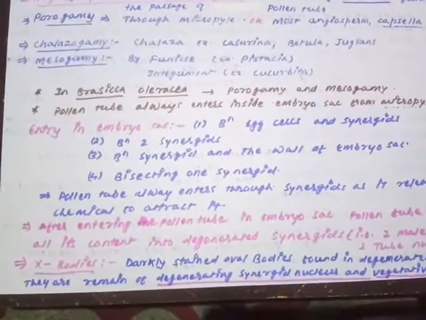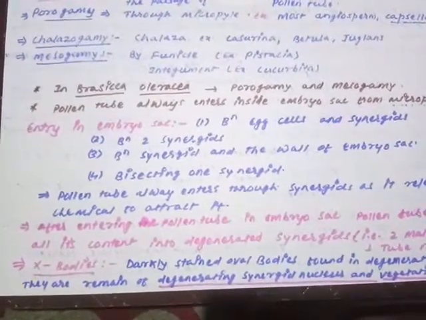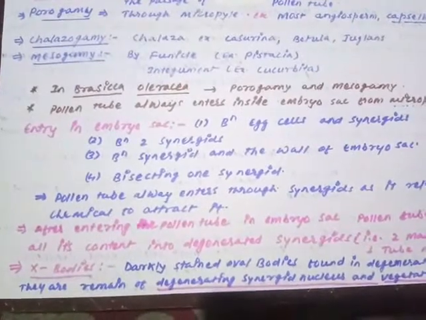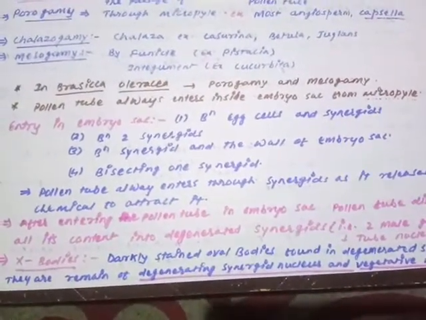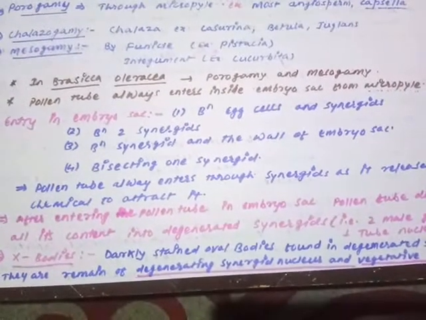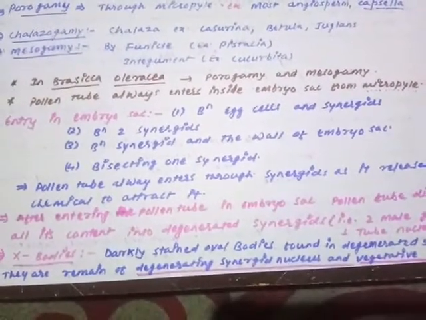Are you getting my point? The pollen tube may enter from any of the passages, but whenever it has to enter the embryo sac, it has to enter from the end of the micropyle.